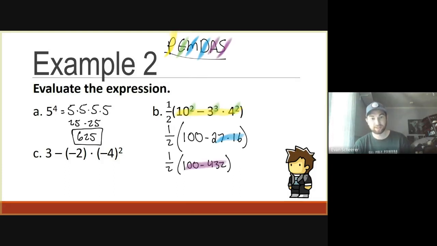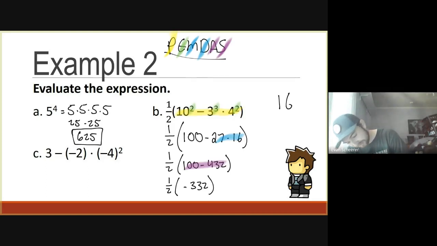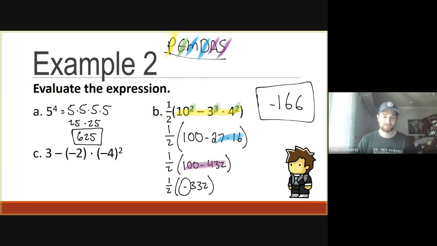So 100 minus 432 is negative 332. Now that's all inside the parentheses, so that's why we had to do it first. So now we take half of 332. 332 divided by 2 is 166. However, we have a negative right there, so it's a positive times a negative, so we get negative 166.